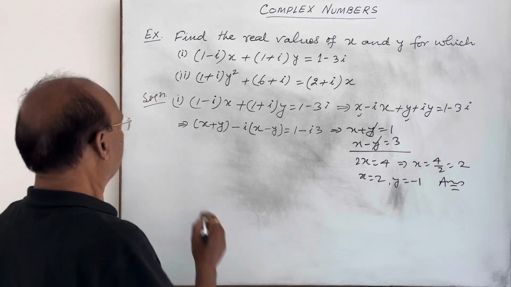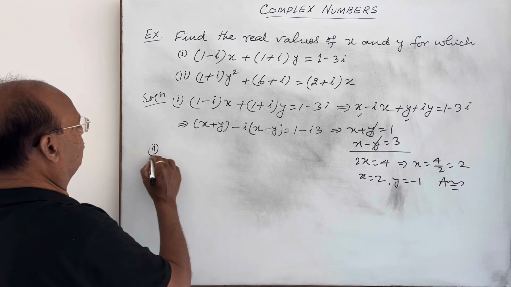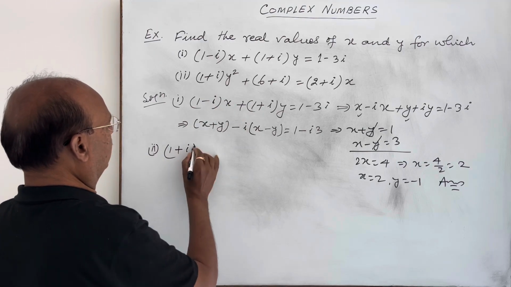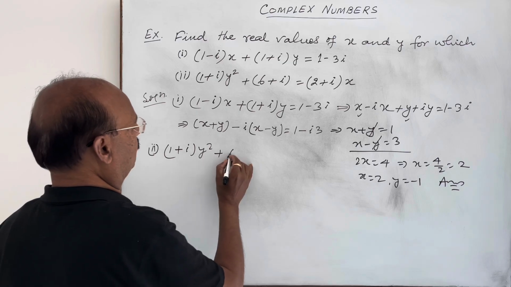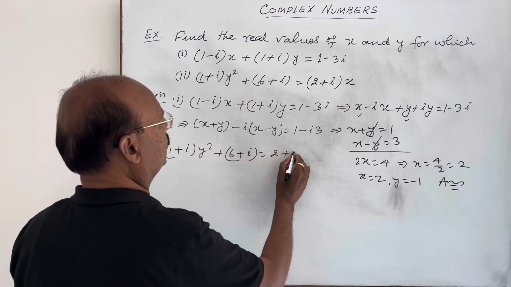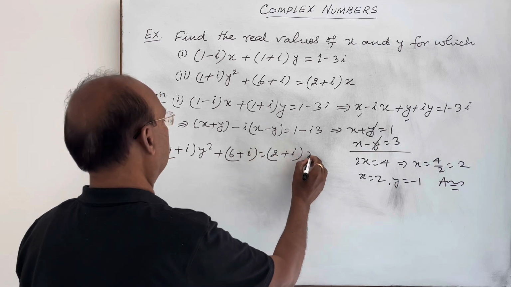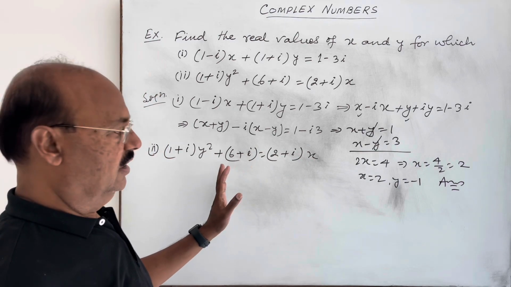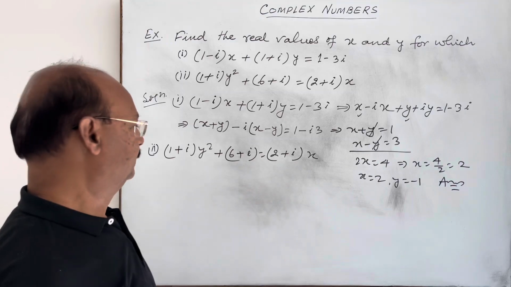Now let us see the second part of this question. Here (1 + i)y² + (6 + i) = (2 + i)x. Here we will segregate the real part and imaginary part.